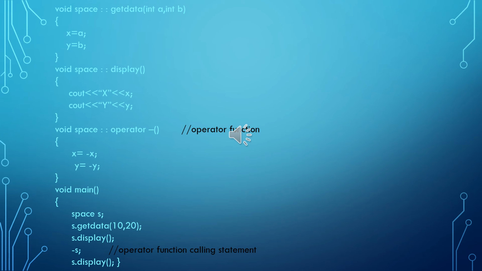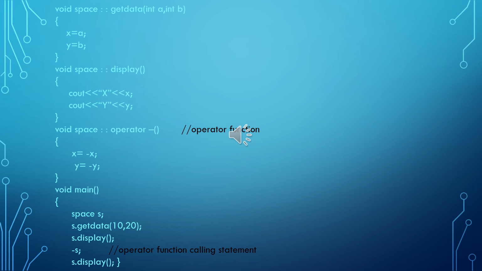the function call has invoked the get data function and assigned 10 and 20 values in x and y, and then the display function, we have called the display function. In the display function the x and y values 10 and 20 are output on the output screen, and then minus s.